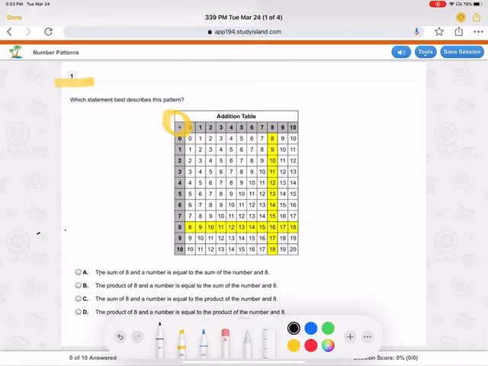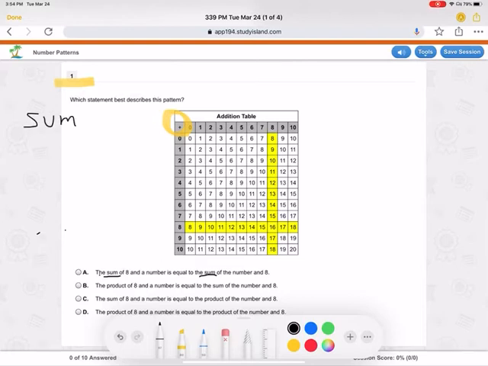Answer A says the sum, I'm going to underline that word, the sum of 8 and a number is equal to the sum of the number and 8. So I'm going to talk about two things here. First off, you notice I underline the word sum. When we say sum, what type of math is sum?